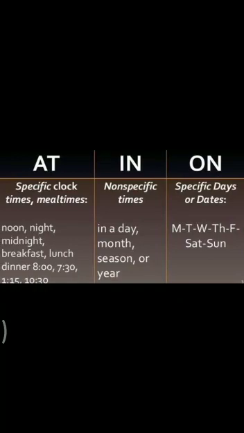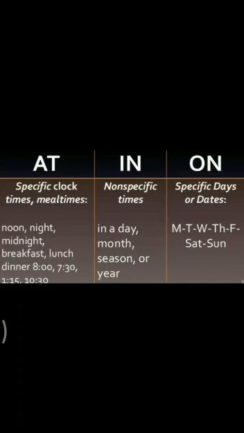Then we have three kinds of prepositions: at, in, on to tell prepositions of time. For specific clock times or meal times, we use at: noon, night, midnight, breakfast, lunch, dinner, 8, 7:30, 1:15, 10:30.